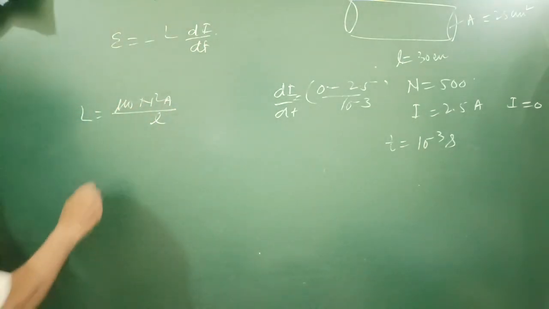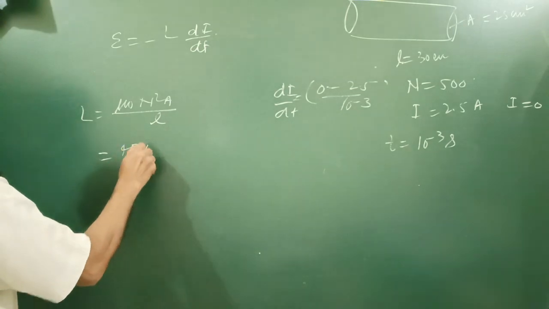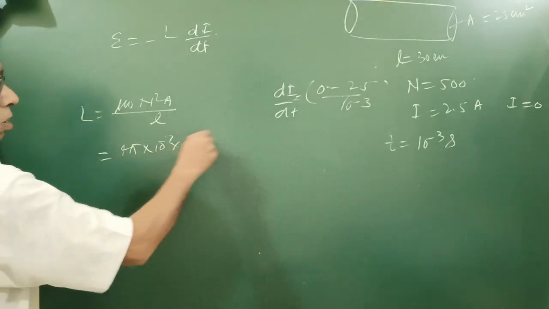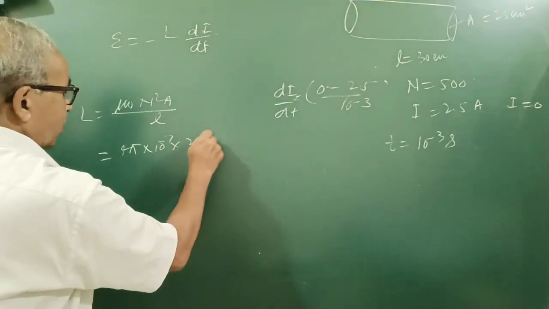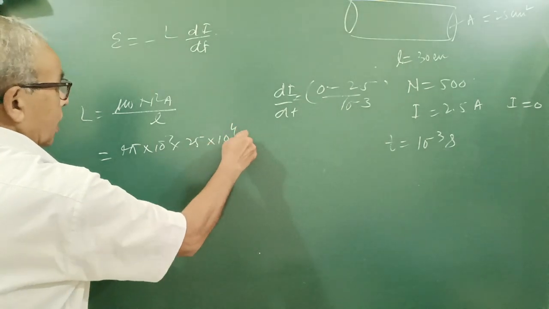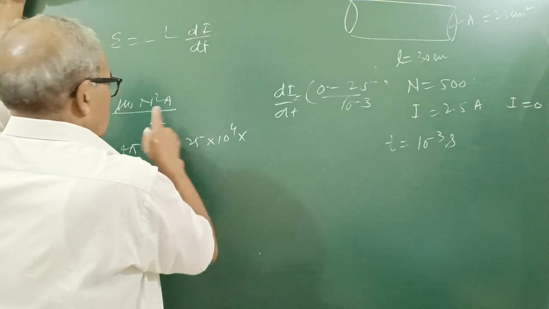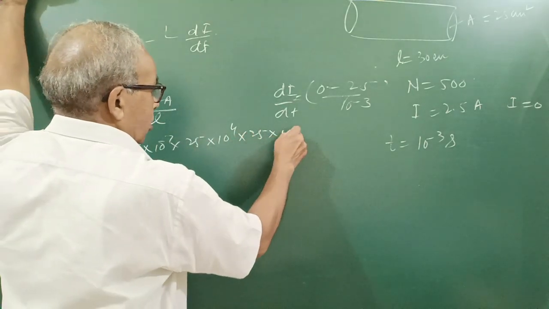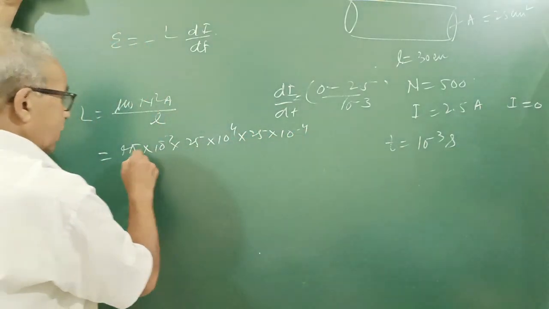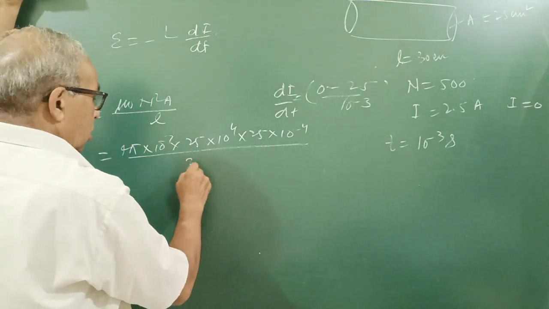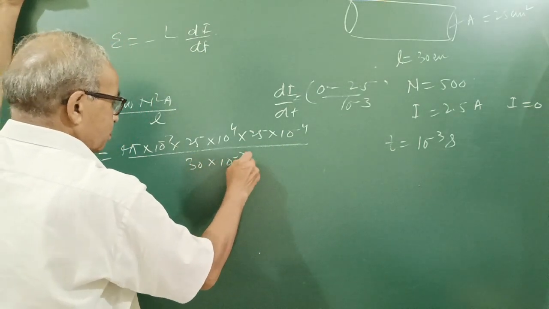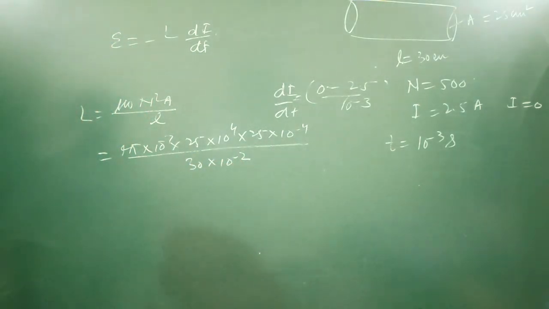So put the value here: mu0 is 4 pi 10 to the power minus 7, and 500 square, area 25 into 10 to the power minus 4, upon 30 centimeter, 30 into 10 to the power minus 2. You can solve this easily.